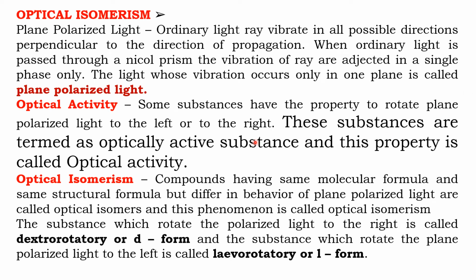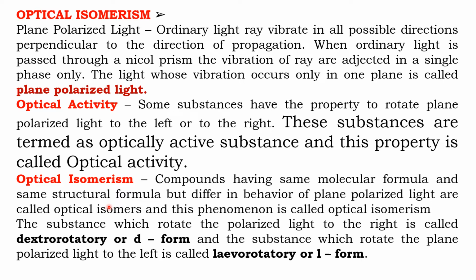Then we define what optical isomerism is. Optical isomerism is the phenomenon by which molecules have the same molecular formula and same structural formula, but their behavior towards plane polarized light is different. So, two compounds are found to be optical isomers.